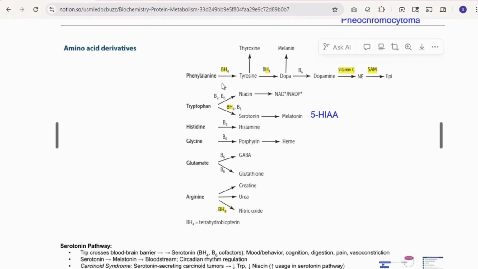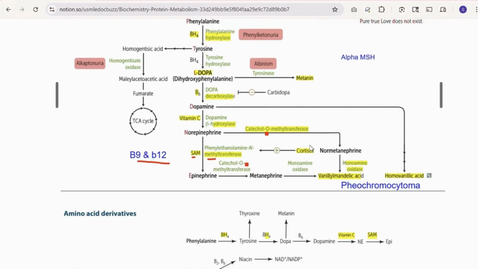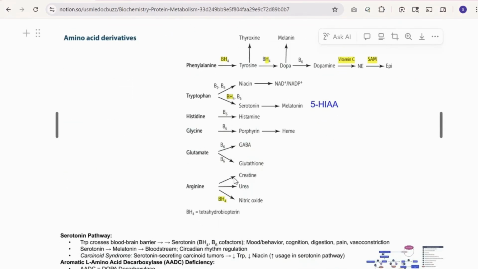Okay. Now amino acid derivatives, and we're going to look at all the diseases in just a second. What are the other amino acid derivatives? We've discussed phenylalanine, tryptophan. Tryptophan makes niacin, which makes the energy currency, NAD and NADP. It also makes serotonin, right? Serotonin, a neurohormone.